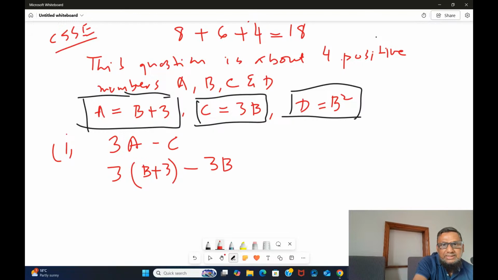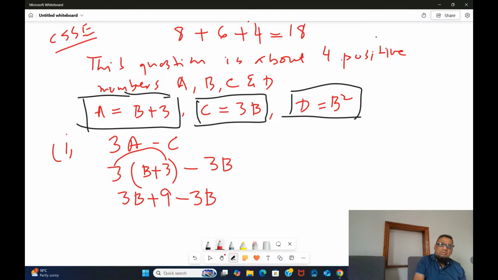Now we need to multiply this bracket. So 3 times b is 3b, plus 3 times 3, which is 9, and then minus 3b.